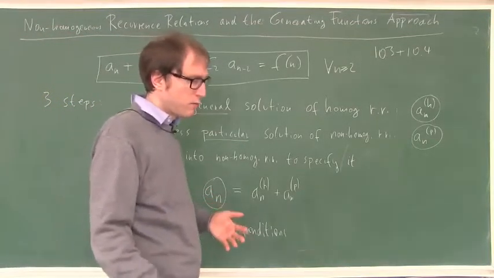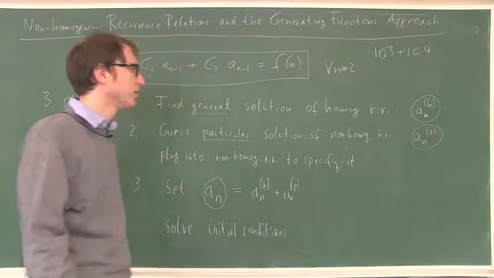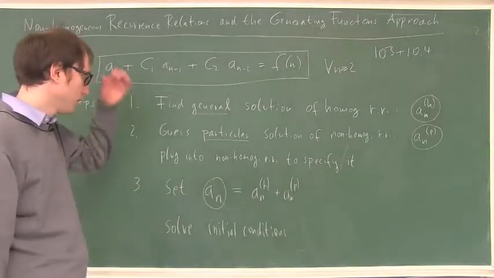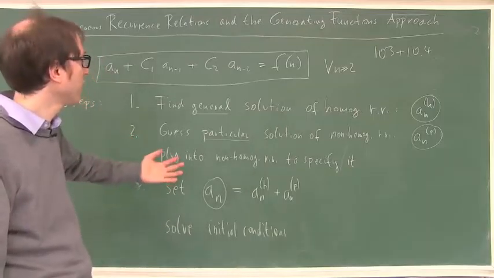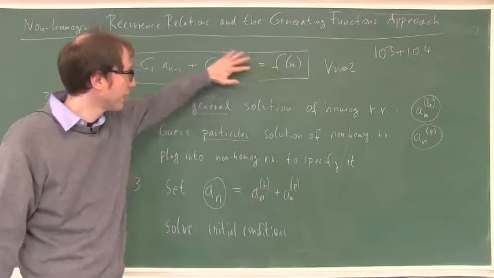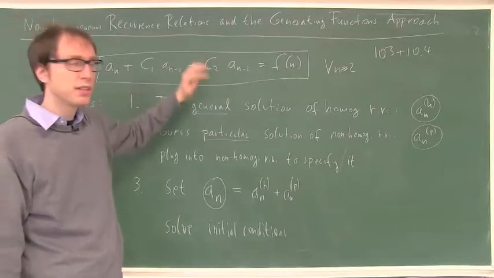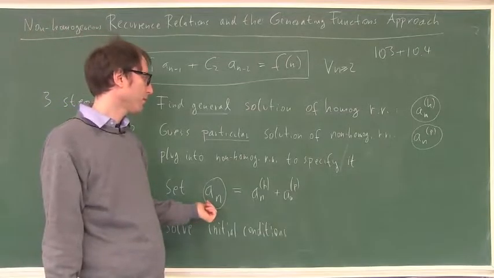Okay, so if you do that, we will see how this works. We have an idea how it looks like. And of course, there will still be some constants in there. You have a rough idea how it should look like. So what you should do is check whether your guess is really right by plugging this into the non-homogeneous recurrence relation. And once you plug it in there, you have to solve for all these constants floating around, and you have to specify them.